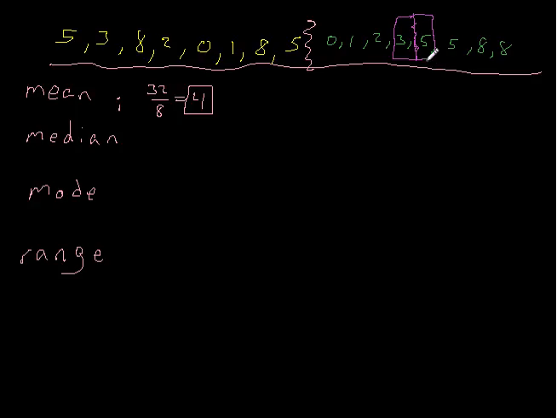And that will give me 3 plus 5 is 8. So now I have 8 over 2, and that gives me 4 as well. Now, in this case, my mean and my median are the same value. They both equal 4.